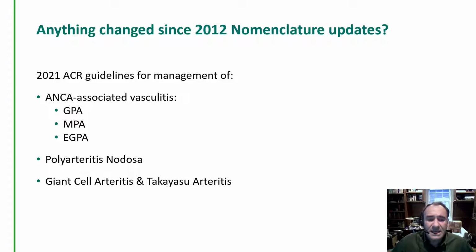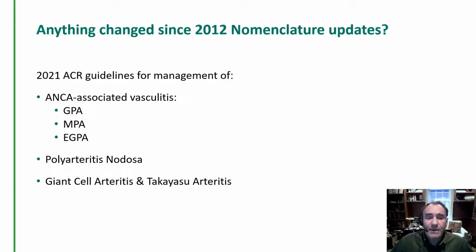And what I would say is that in 2021, just June of this year, the American College of Rheumatology put out guidelines for the management, not the diagnosis, so we're not getting into the details of this, but be aware that these are out there. There are 6 different vasculitises that have specific management guidelines that are updated because of all the advances we've had in immune complexes.